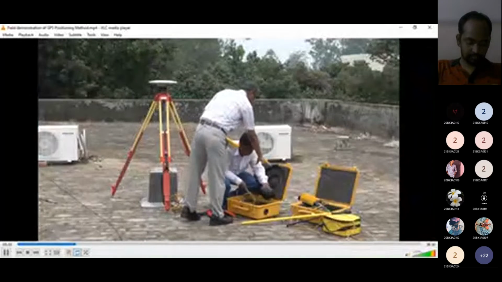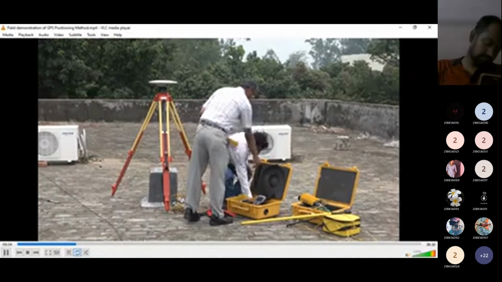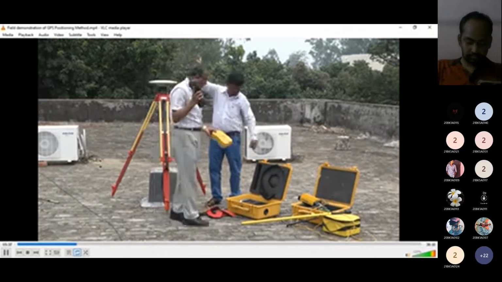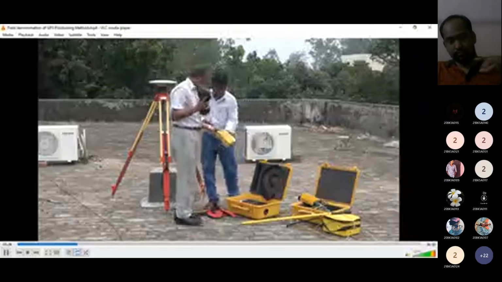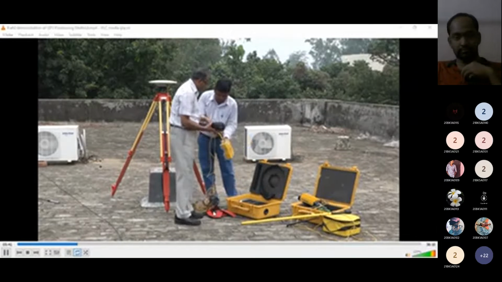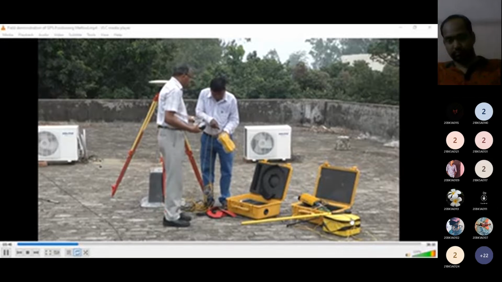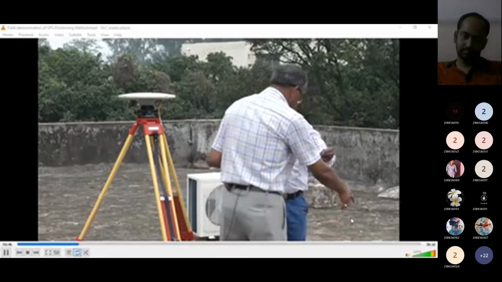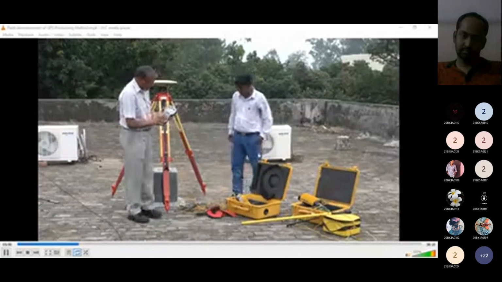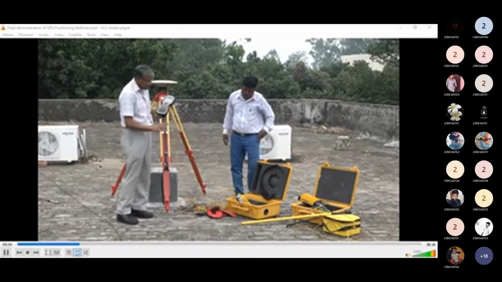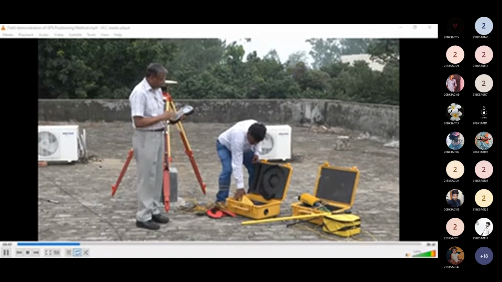I already showed in the class, this is the controller which we will be using here. One end of the controller will be placed here and the other end will be kept here. The battery is already within this part as well as this part, so we don't need any external battery for our work.